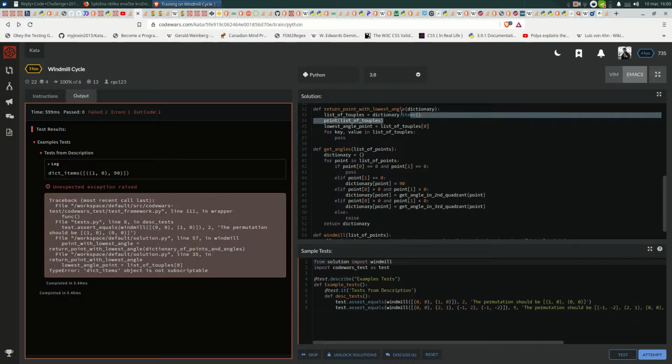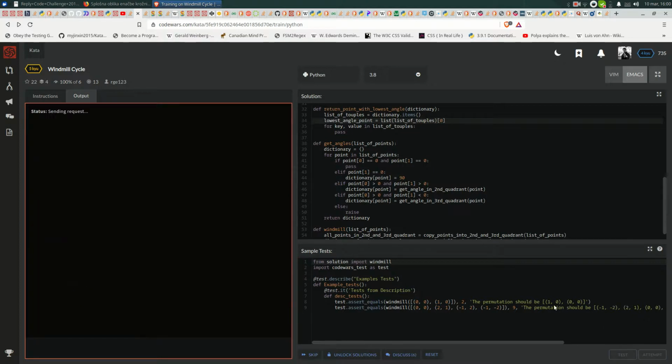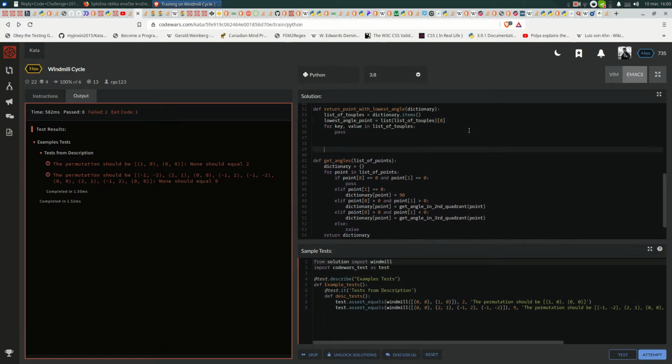Alright, so those are dict items. Or can we just get a type for our educational purposes, maybe? Class dict items. Alright, so those are dict items, and we get a list of that. So that should pass with no errors.